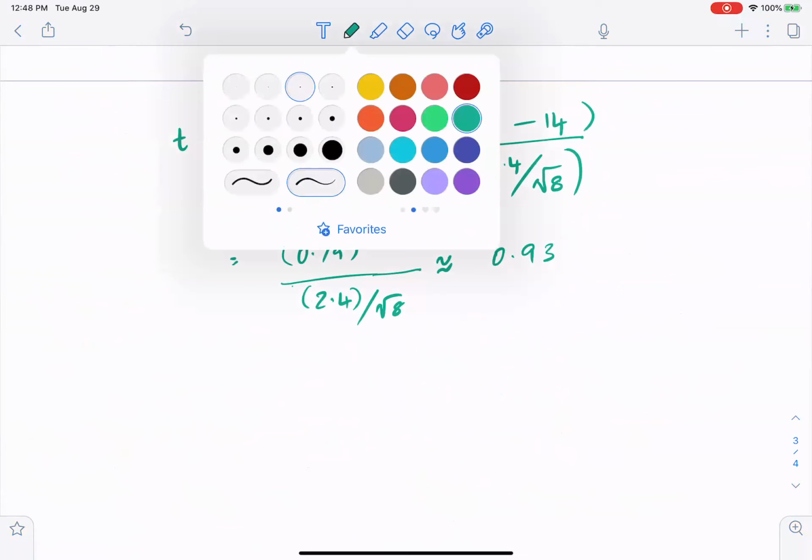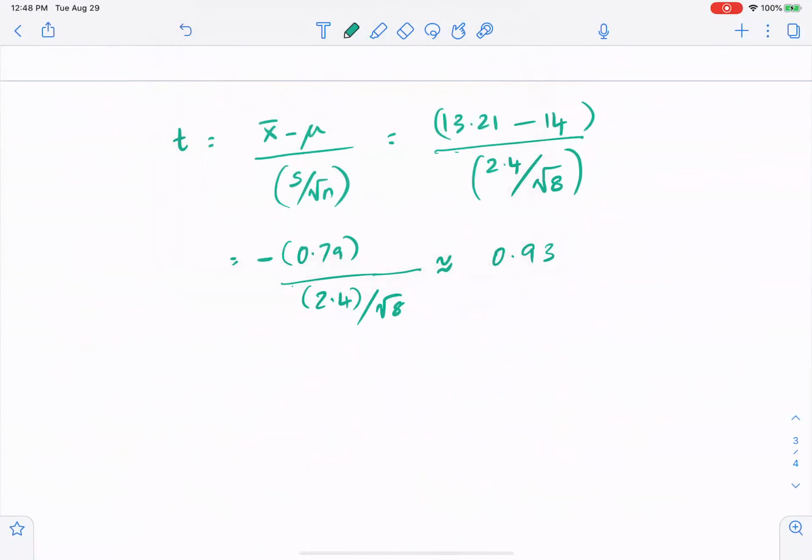Very good, Luana. Why is it not negative? It has to be negative. I did bad algebra. Negative for sure. So based on what we learned earlier, let's see if you can find the critical value and come to a conclusion. Should you reject the null or should you not reject the null?